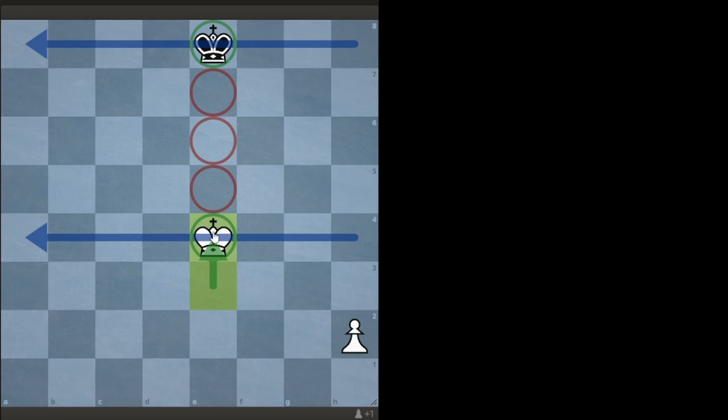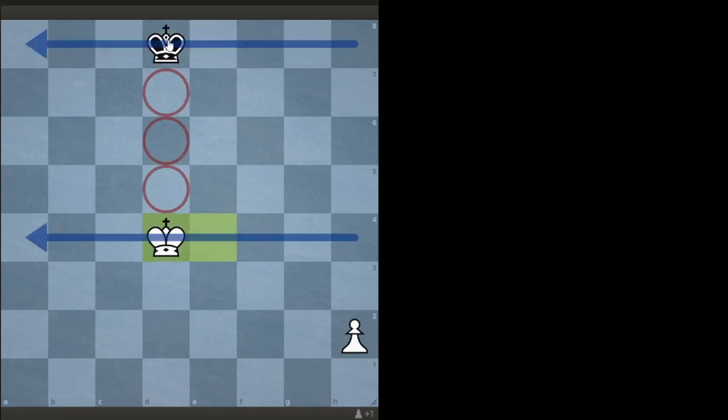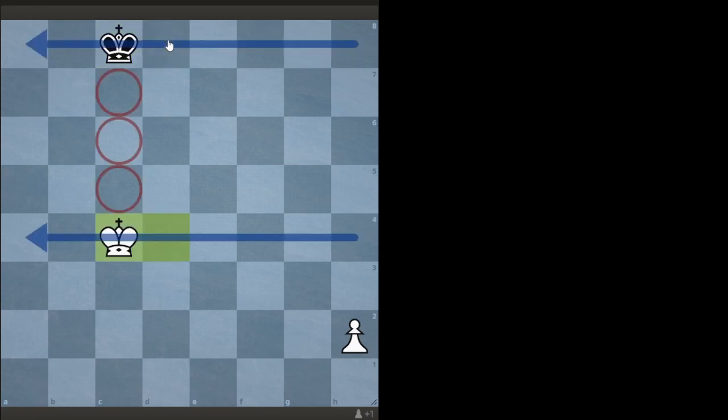And now let's see what happens if the black king goes back and forth on the last rank. Now if the black king gets onto d8, white can get to the square d4, and at the same time reach the opposition again. And now after the king gets onto the square c8, white replies with the king to c4, and again white possesses the opposition.